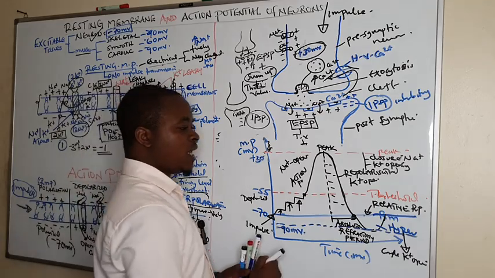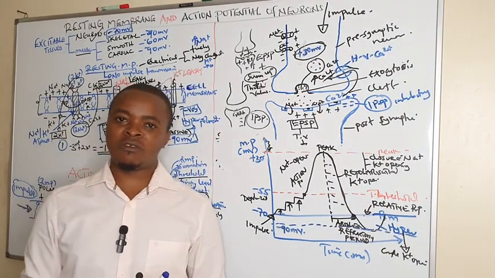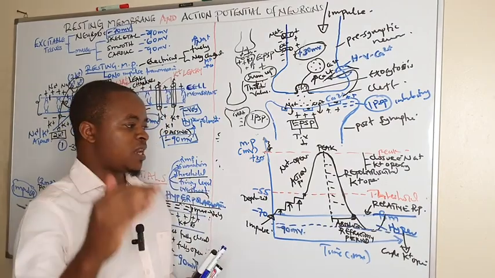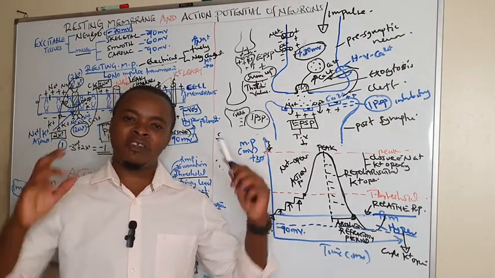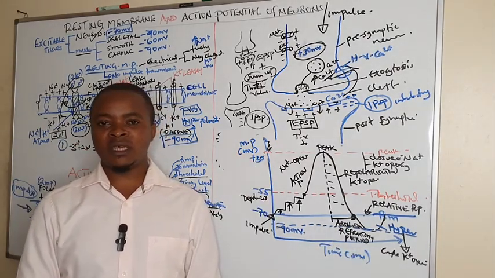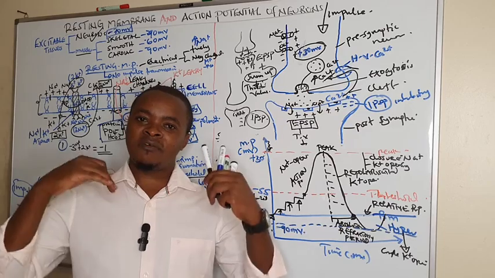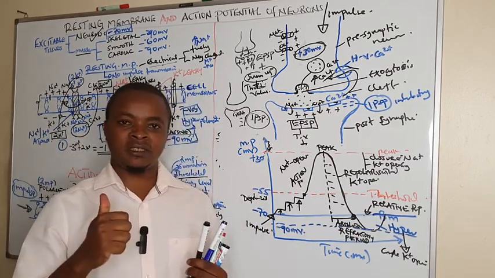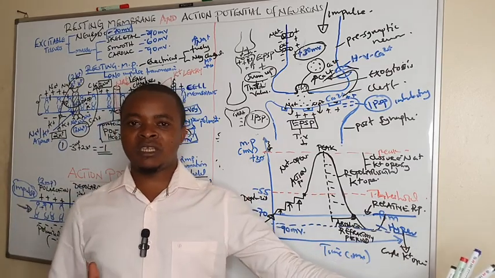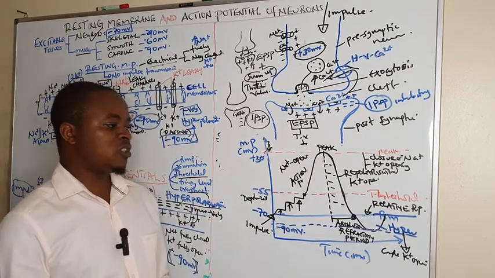So you should know the difference between the absolute and relative refractory periods. Absolute means even when you bring an impulse of stronger stimulus, it cannot fire an action potential. Relative means if an impulse has higher intensity than the one being transmitted, an action potential can be fired.